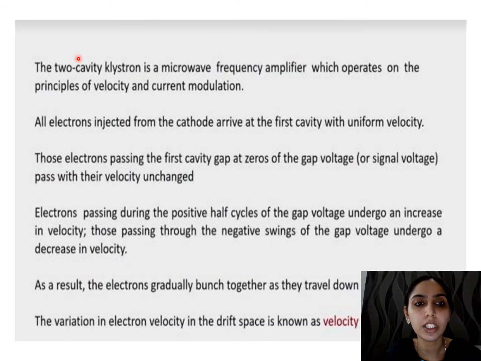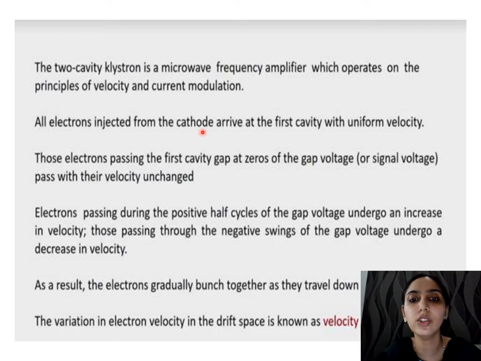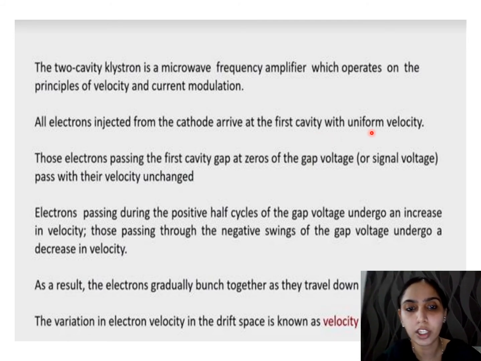Now here the working principle of the two-cavity klystron is explained as a microwave frequency amplifier operating on the principle of velocity and current modulation. As already stated, the electrons injected from the cathode arrive at the first cavity, the buncher cavity, with uniform velocity.